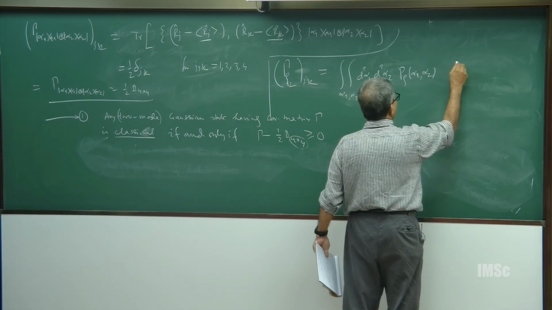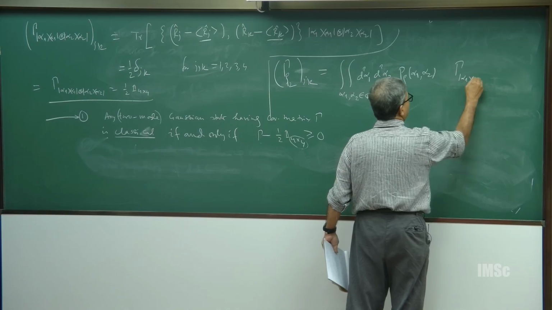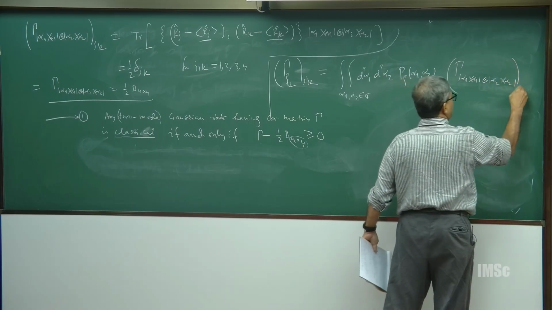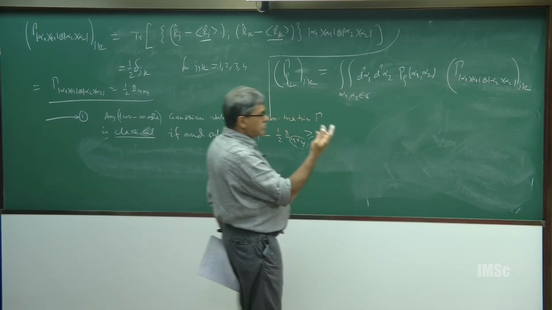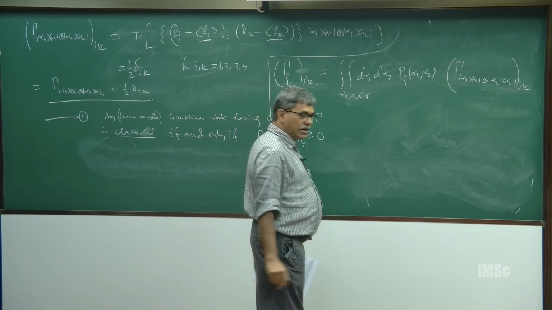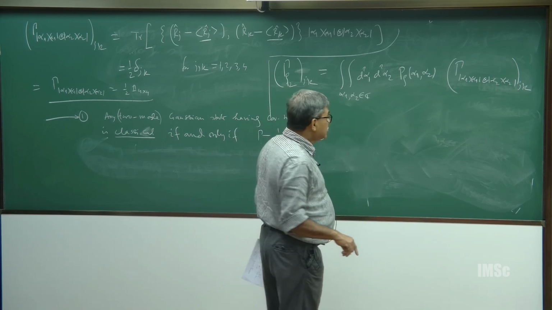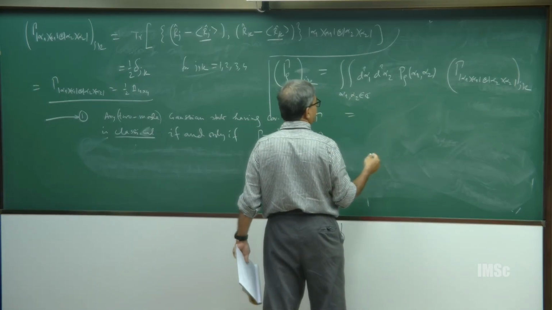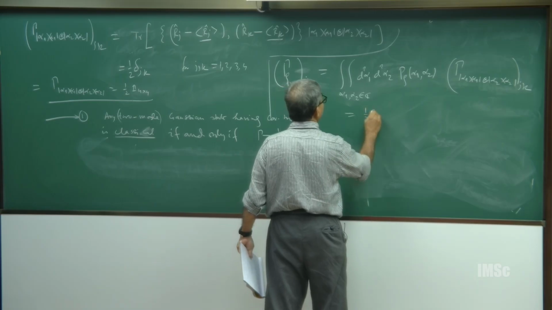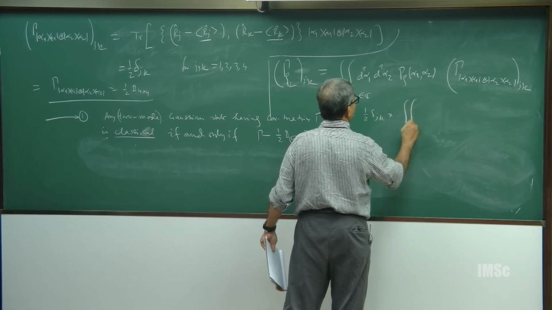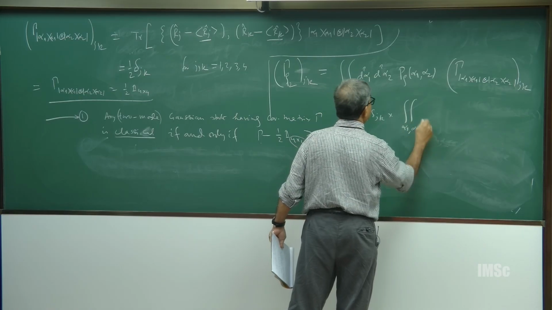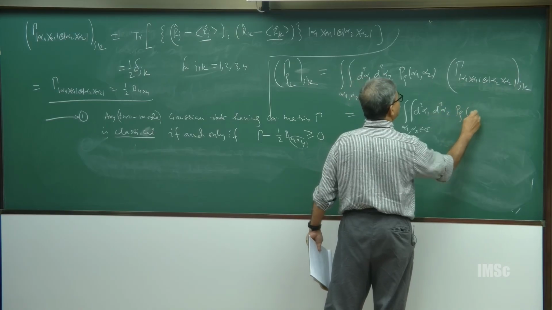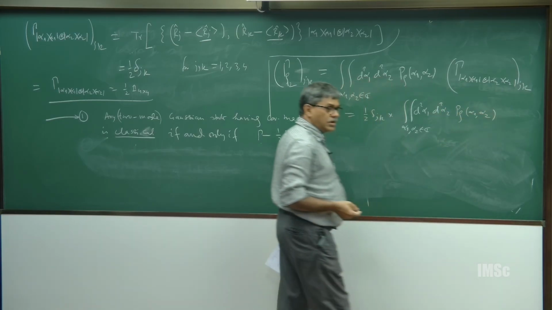This is now gamma of alpha 1 tensor product alpha 2, its jkth entry. Do you agree? Because this is delta jk, therefore half delta jk. So this will be half delta jk times the integral over alpha 1, alpha 2 belonging to C, d squared alpha 1 d squared alpha 2 P rho of alpha 1 alpha 2.